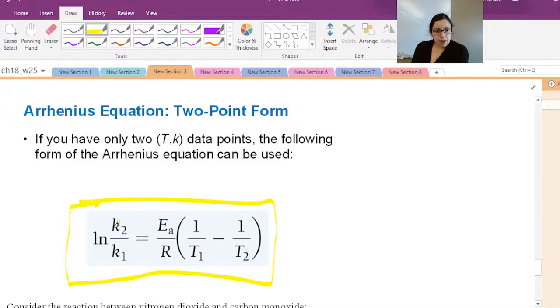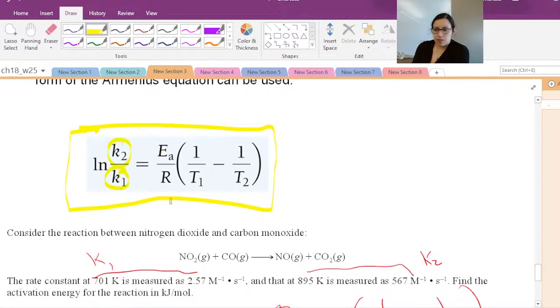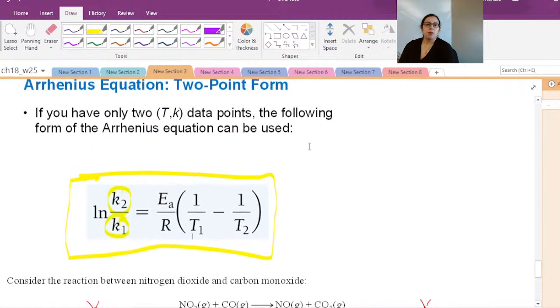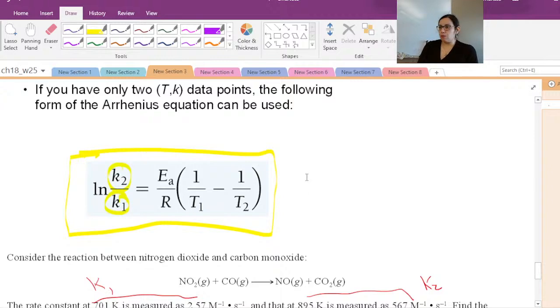So again, we have our rate constants K2 over K1, and we can determine our activation energy, or whatever we're interested in, from our 2-point data. That should give us activation energy, and obviously 2 different temperature points.